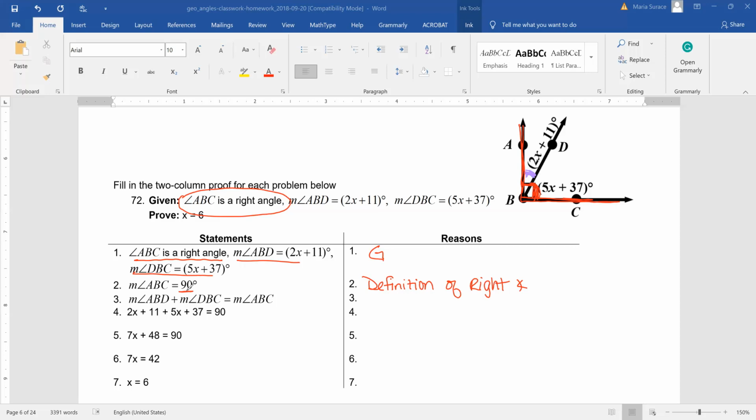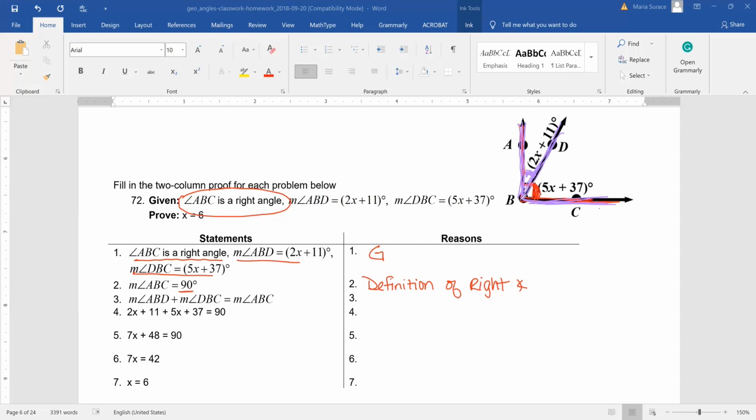Next, we can say that angle ABD, ABD is right here, plus angle DBC will equal angle ABC.